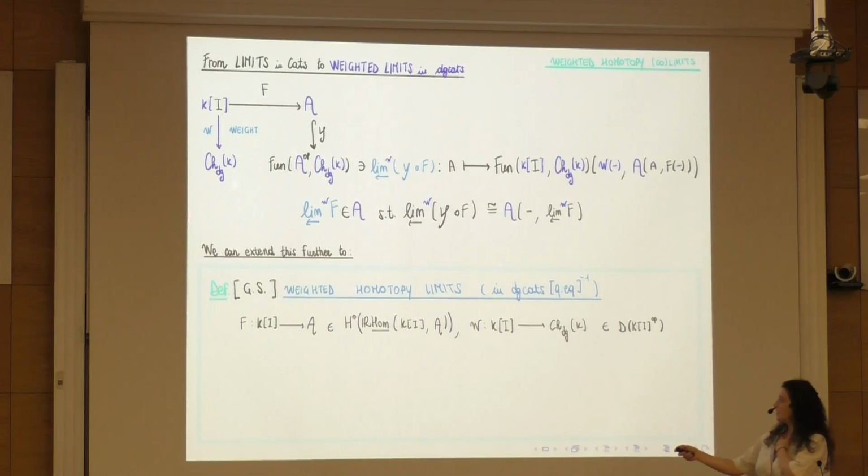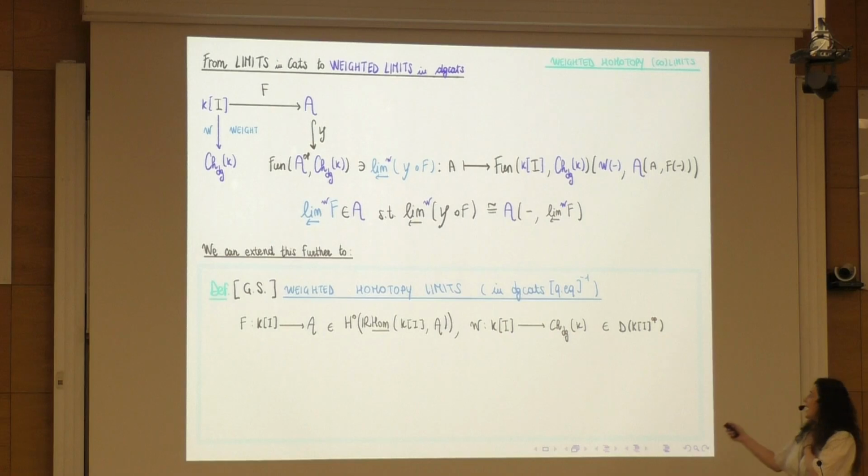So let's take a quasi-functor, and the weight, in principle, is also a quasi-functor, but due to this codomain, you can easily see that it can just be defined, and make things much easier, just as a DG module in the derived category of I.